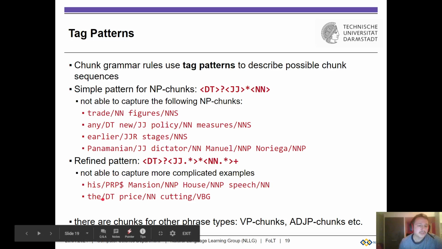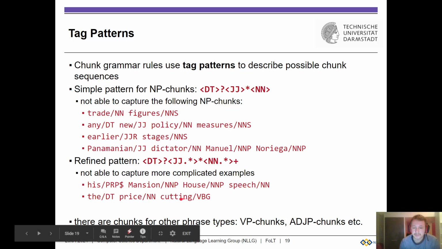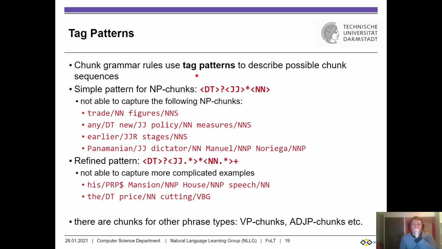It would also miss something like the price cutting, because maybe our part of speech tagger classifies cutting here as a verb, even though it's a little bit unclear what the tagger would do. Would the tagger label it as a verb or as a noun? That's also what you see if you use such tag patterns: the quality of your chunking is a function of the quality of the part of speech tagging.